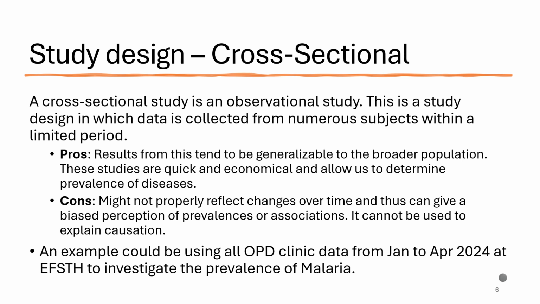Regarding the fact that it might not reflect changes over time, imagine a cross-sectional study run in December, at the peak of the malaria season, for example in the Gambia. One might think that we have very high prevalences of malaria, when in reality, if it was observed over the rest of the year, we'd understand that it's seasonal.